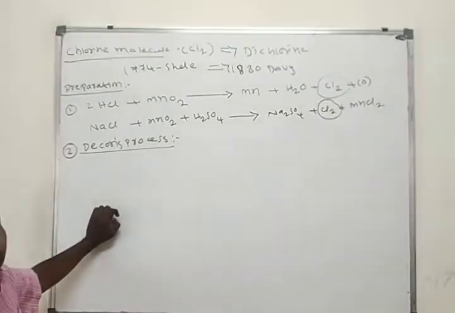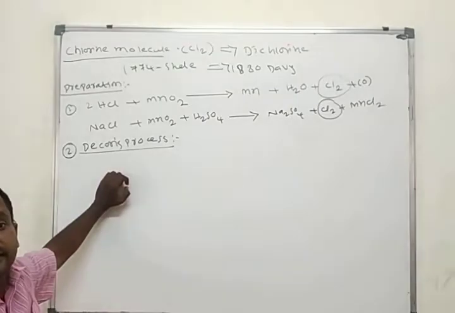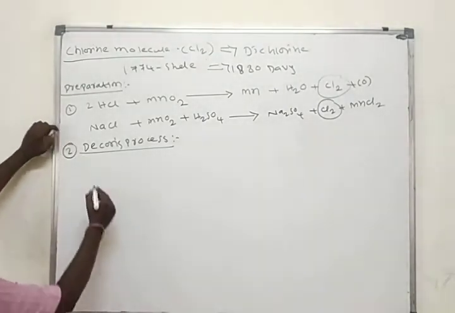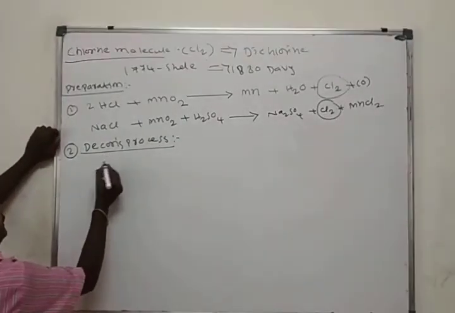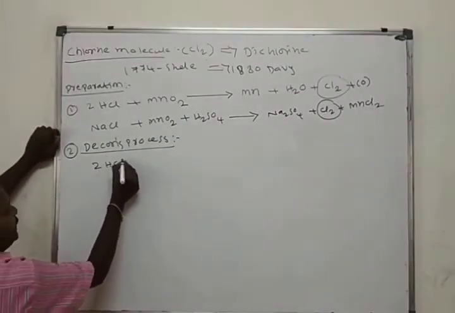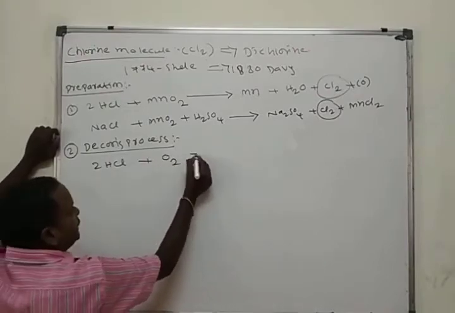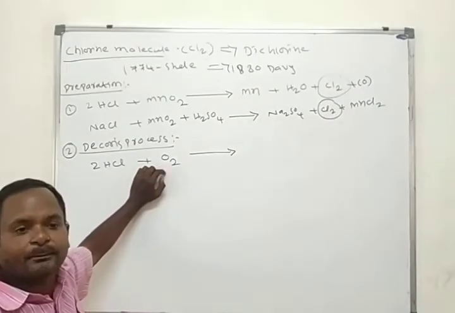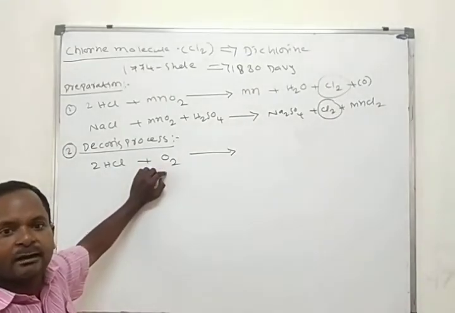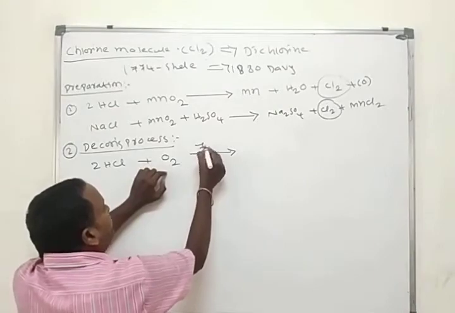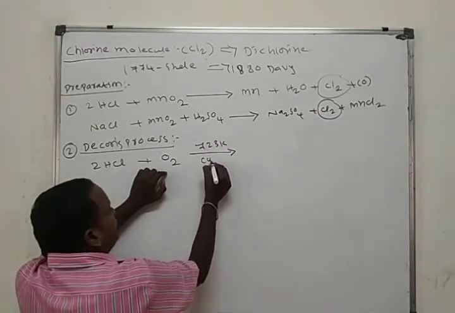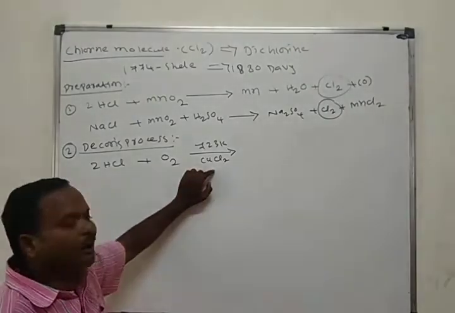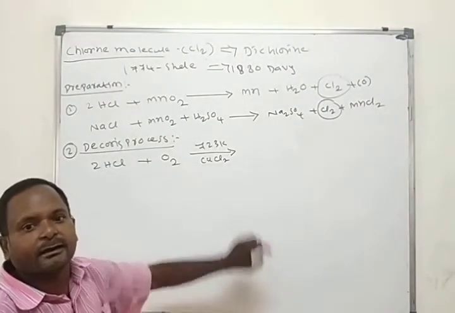By using the Deacon process, we prepare chlorine in bulk, which we call manufacture. Take hydrochloric acid, which reacts with atmospheric oxygen at 723 Kelvin in the presence of a cupric chloride catalyst.